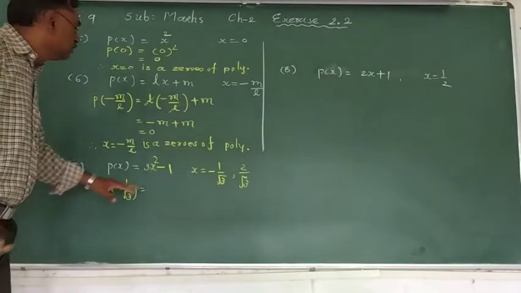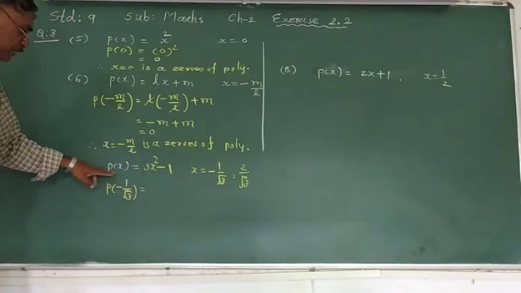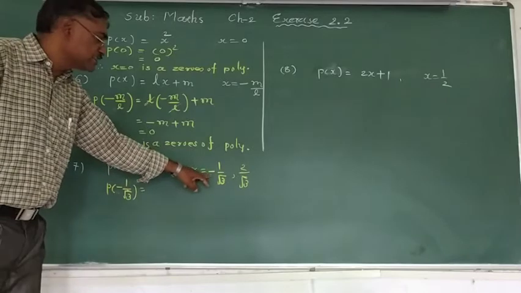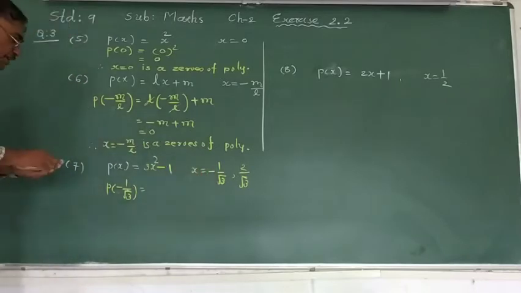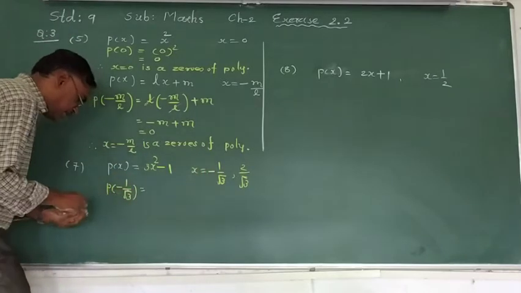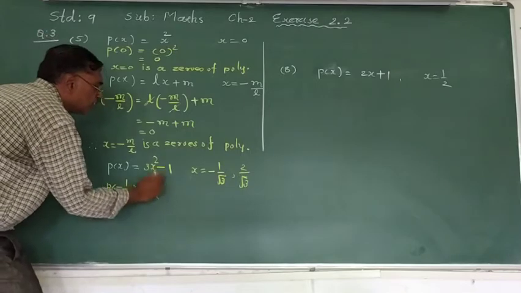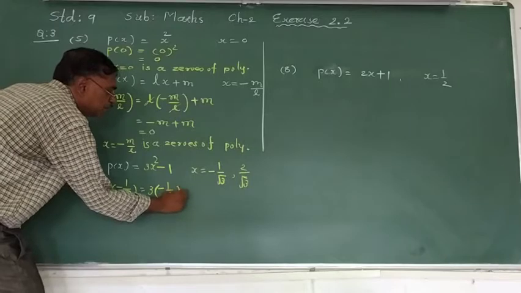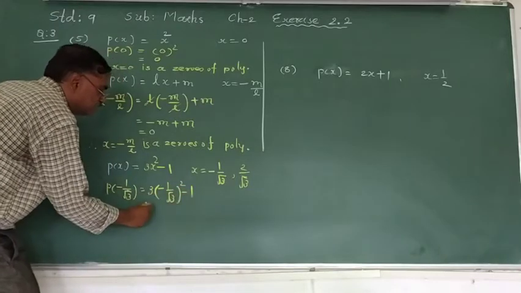Now we write the polynomial p(x) equal to 3x square minus 1. Put the value x equal to minus 1 upon root 3. So here is the 3, the value of x square: minus 1 upon root 3 square, minus 1.